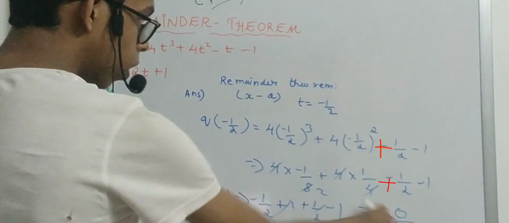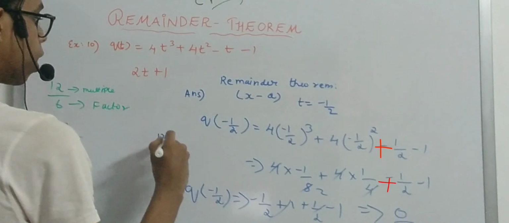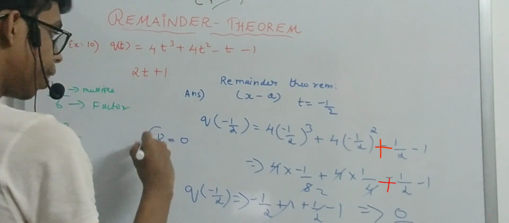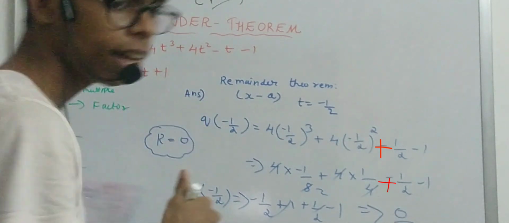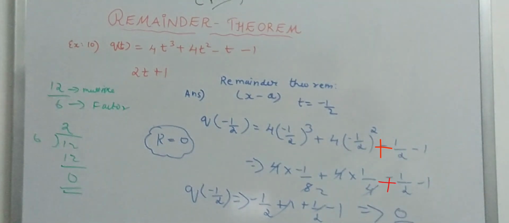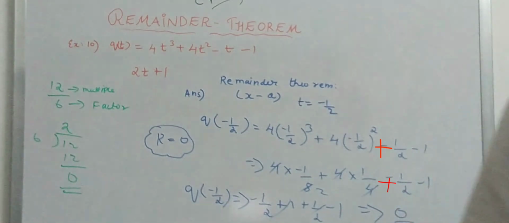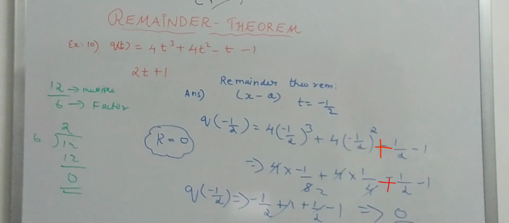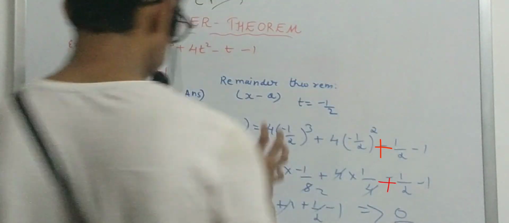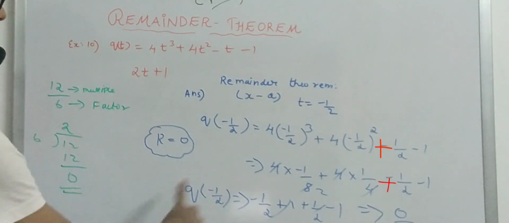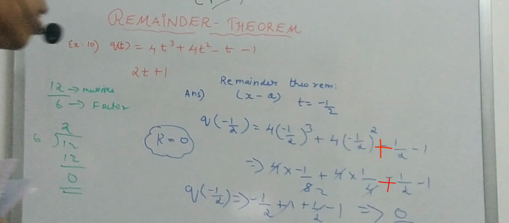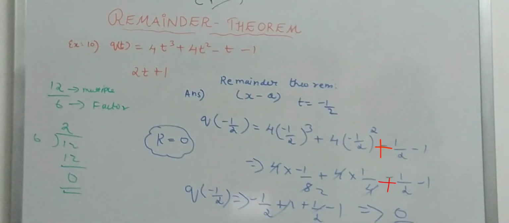So now since we got our remainder equal to 0, we can say that the polynomial q of t is a multiple of 2t plus 1. Okay, we just have to show that the remainder when we find it will be equal to 0. That is the main concept over here. I hope it is clear to you.